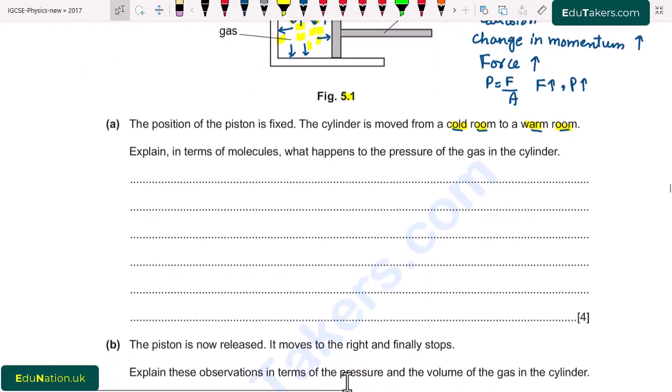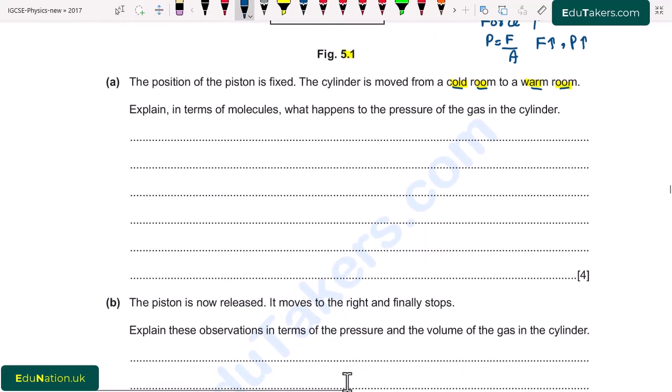I write here: the temperature of the gas increases, and so does the kinetic energy of the molecules.